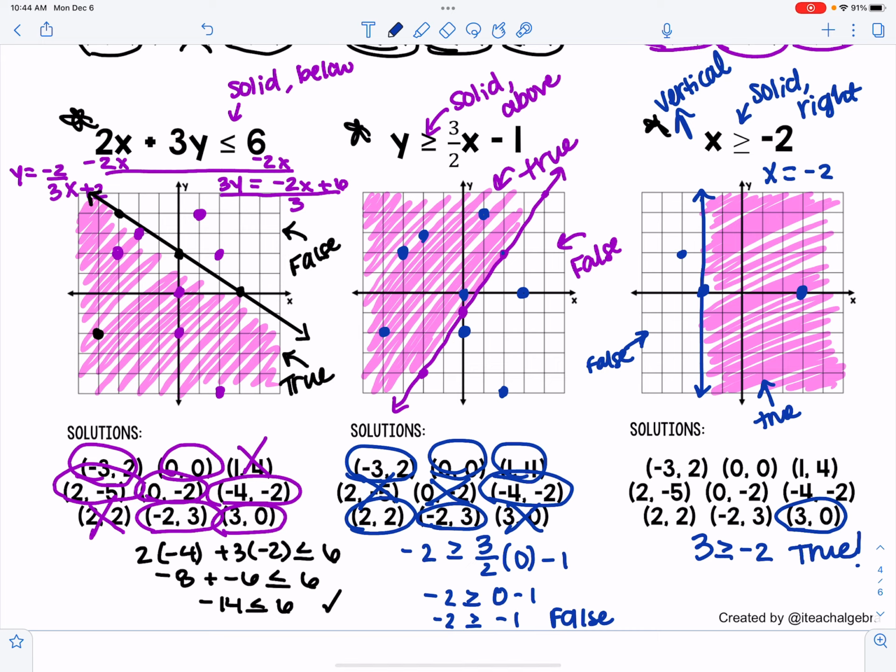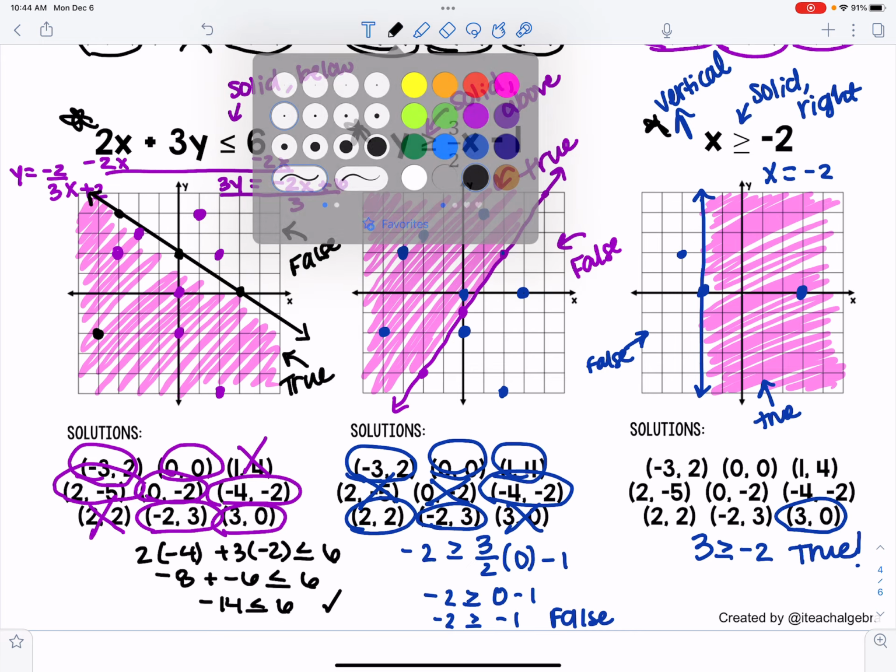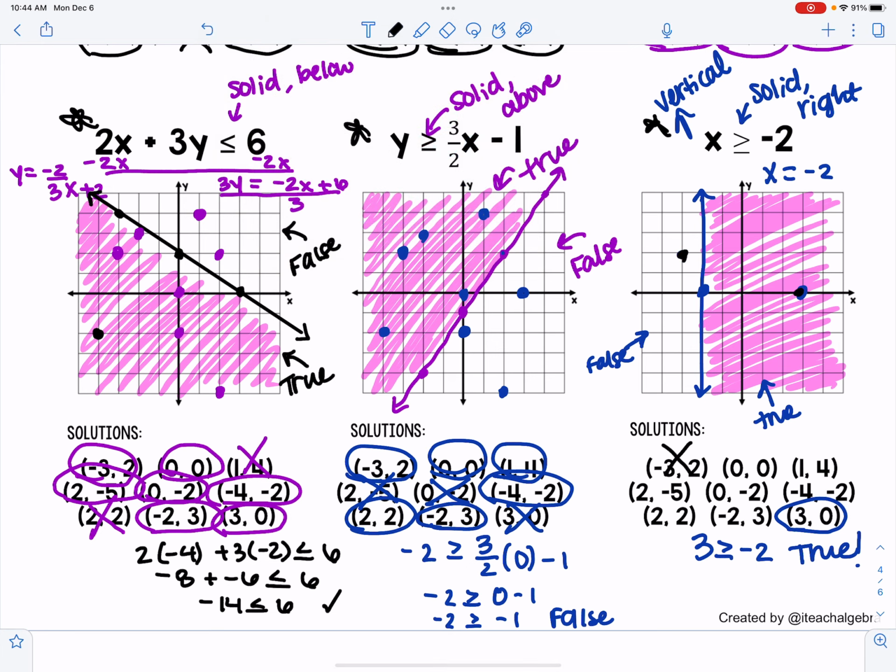-3, 2 is not part of my solution. 0, 0, it is part. 1, 4, same thing. 2, -5 is all the way over here, so it's definitely in the shaded area. 0, -2, completely in the shaded. -4, -2 is in the non-shaded area, so it can't be part of our solution. 2, 2 is in the shaded area.